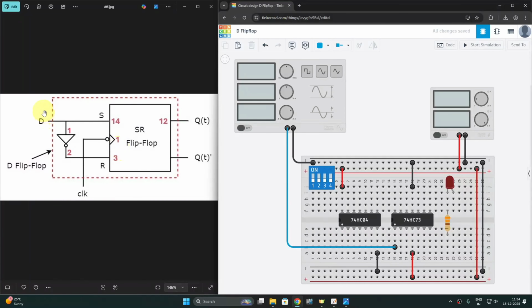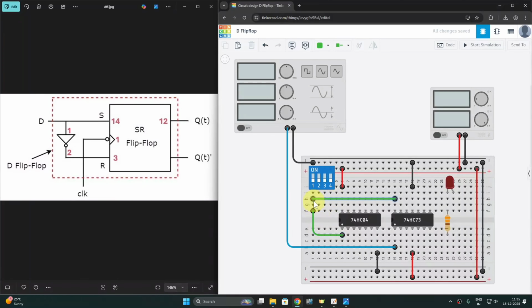Now from the block diagram, you can see the D input is applied to pin number 14 of JK flip-flop. At the same time, it must be applied to pin number 1 of NOT gate. So let's connect. Suppose this switch number 1 is acting as your D input. Now I am connecting this D input to pin number 14, which is acting as J input. At the same time, this input must be connected to pin number 1 of NOT gate, like this.